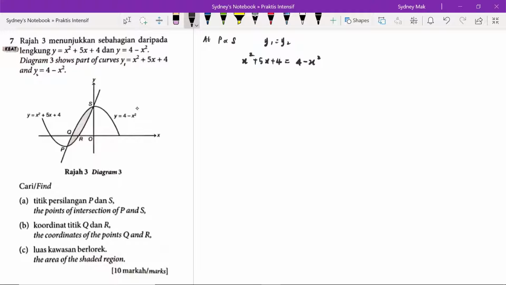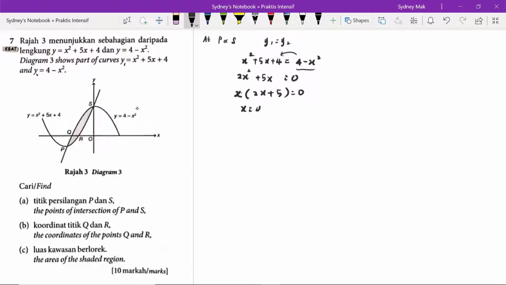Let's rearrange the equation. Let's bring the one on the right to the left. So we have 2x squared, still plus 5x, and then 4 brought across, so it's 0. So x(2x plus 5) equals 0.